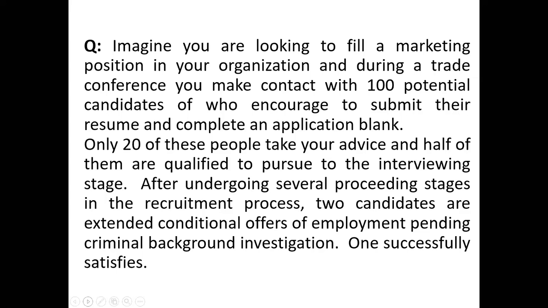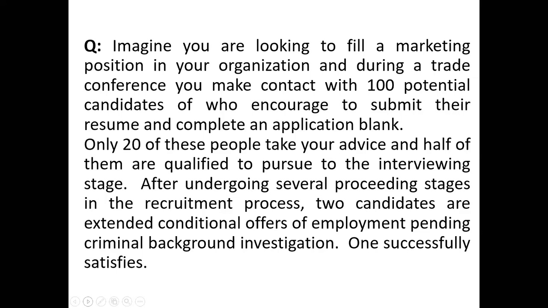Ultimately, you extend a conditional offer of employment to 2 candidates, pending a criminal background check. From that, 1 candidate satisfies and becomes your new incumbent. This is basically the story. We want to calculate the yield ratios for each stage and overall.